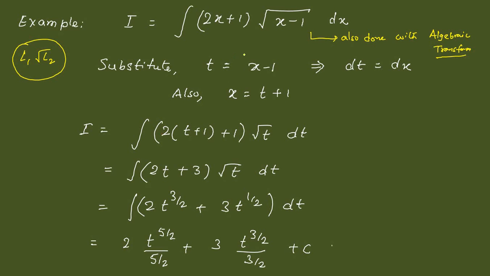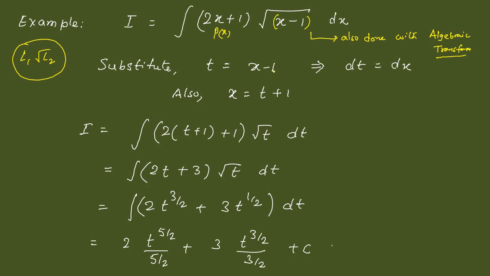But here we are discussing how to handle this kind of integration with the help of substitution. Of course x minus 1 is the linear part, and this can be treated as the polynomial. Of course this is a linear, but this is the polynomial we can treat.